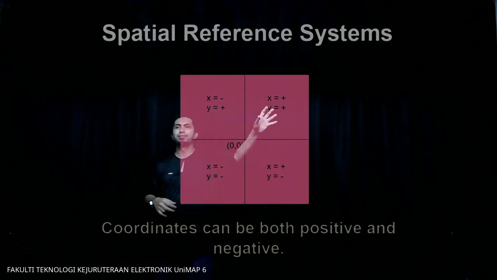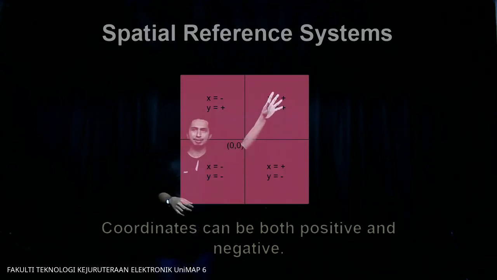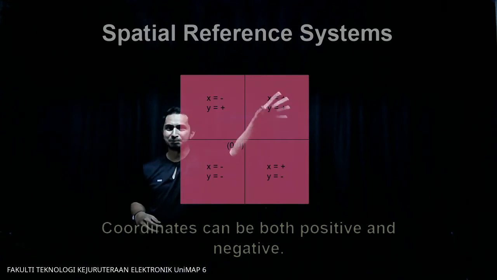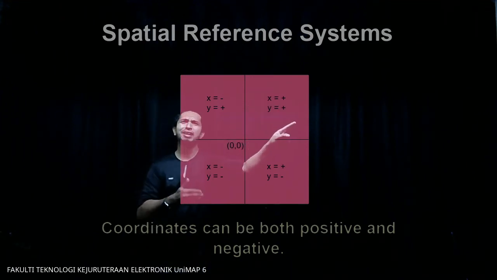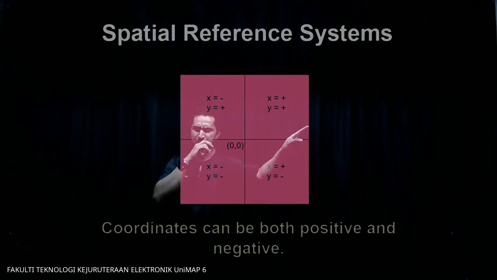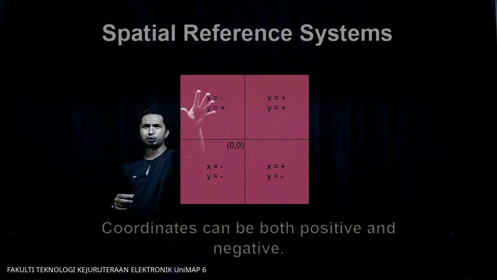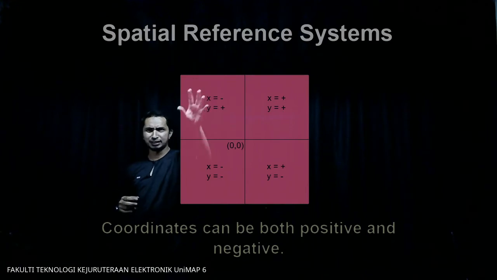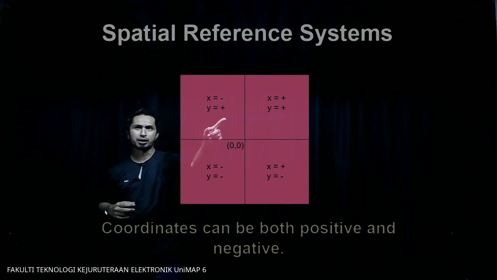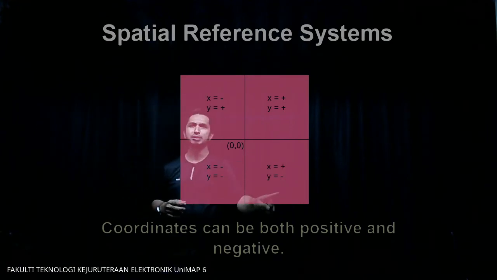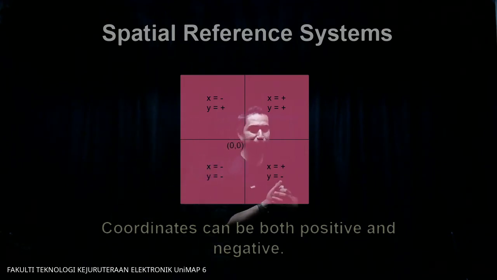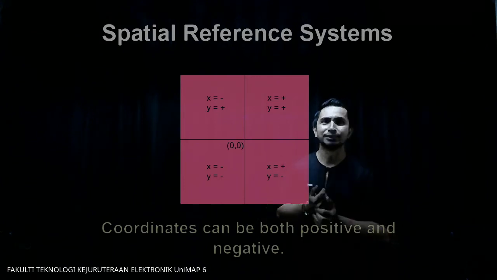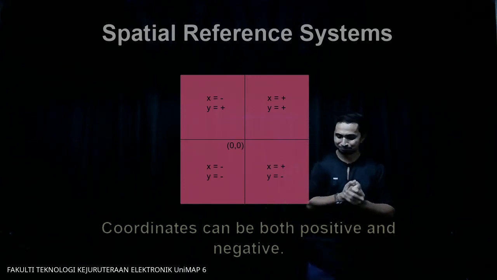So if our location is on this area, X positive, Y positive. Senang ni, ini dah belajar waktu primary school lah. If your position is in this area, X minus, Y plus. Here X plus, Y minus. Here is X minus, Y minus. Very, very straightforward. Ada soalan?